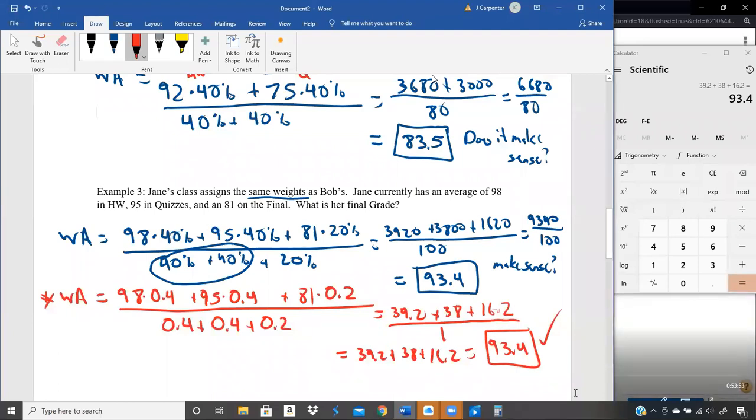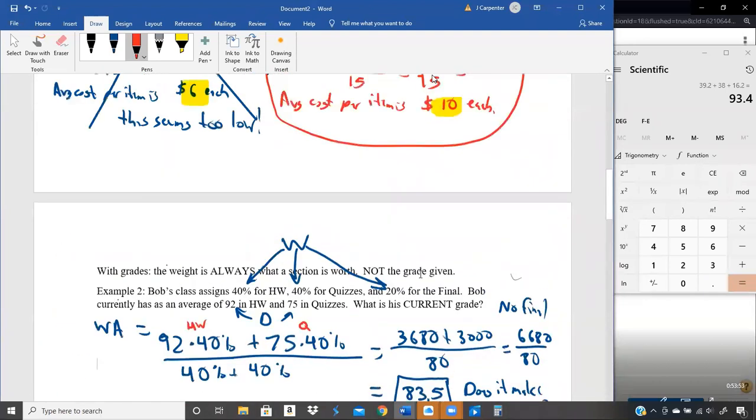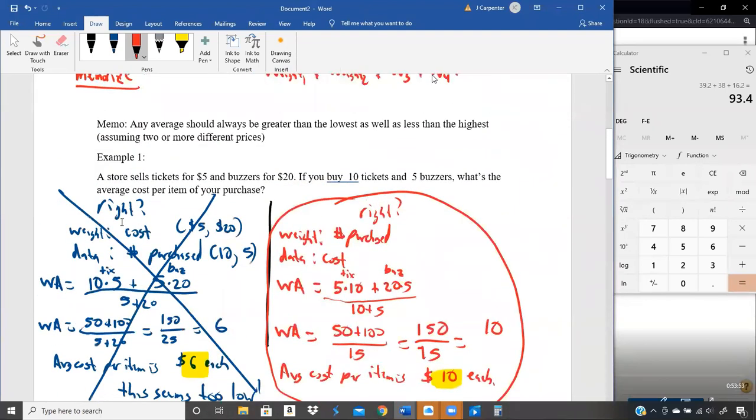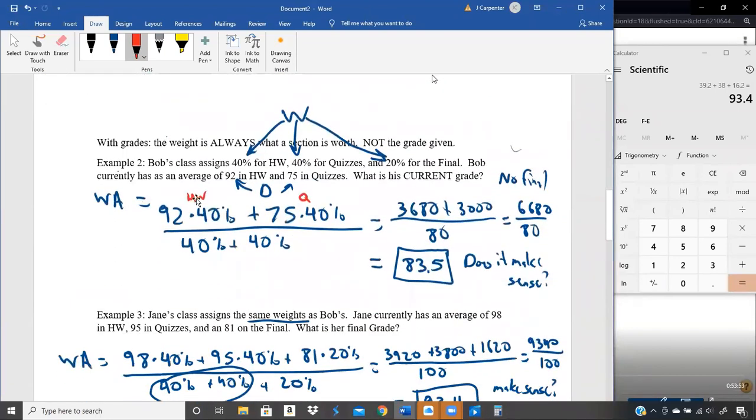Now, again, on your own time, what I would encourage you to do is go back to this problem where I did it right one way and wrong one way, which I said out loud for later, but do example 2 the wrong way. I already gave you the answer of 40. So if you do example 2 the wrong way and you get 40, then you know you did the wrong way the right way.